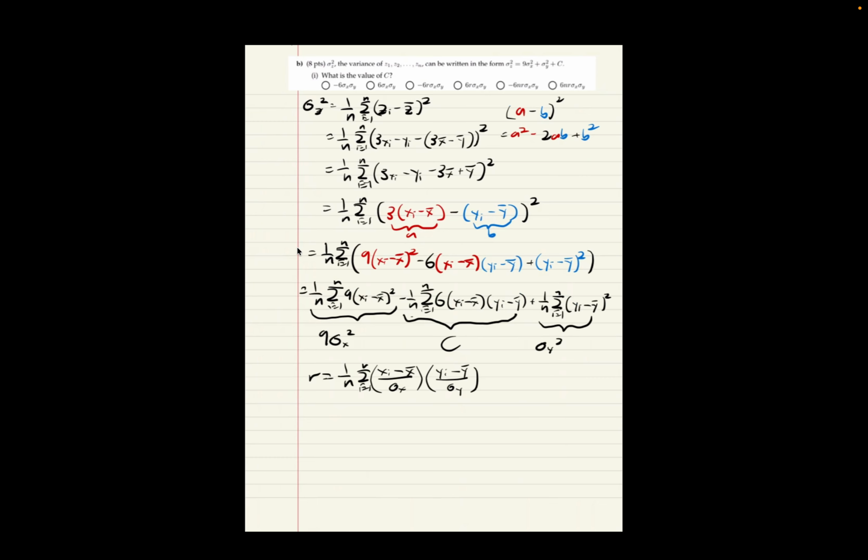Well, if we multiply both sides by the standard deviation of x and the standard deviation of y, we can cancel out the terms on the denominators inside of the sum. Leaving us with a term that looks very similar to what's happening over here inside of c.